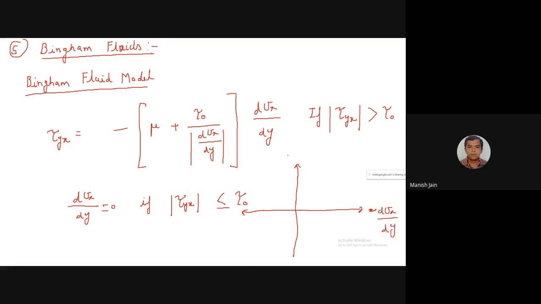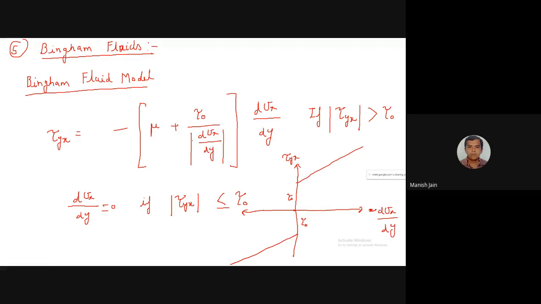So this is how the result will show. When you go from here to here, you have the tau naught. Again from here to here, on the negative side, you again have the tau naught. When you have a higher value of tau yx, it will go in the up direction. If you have a lower value, it will go in the negative direction. So the sign of tau yx will be the same.